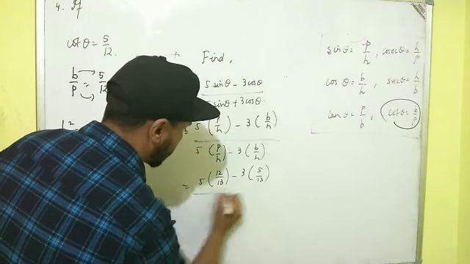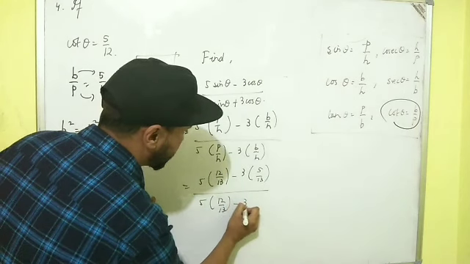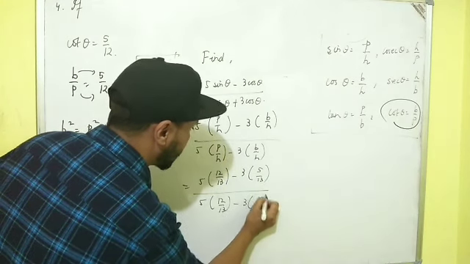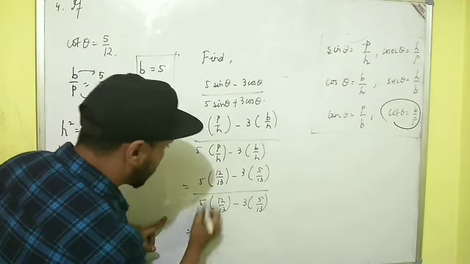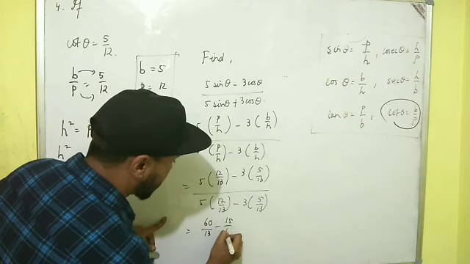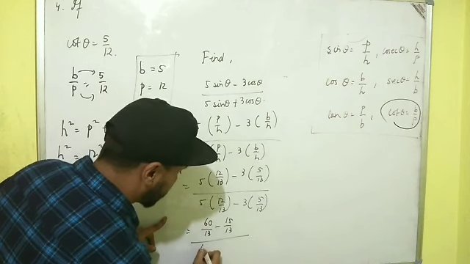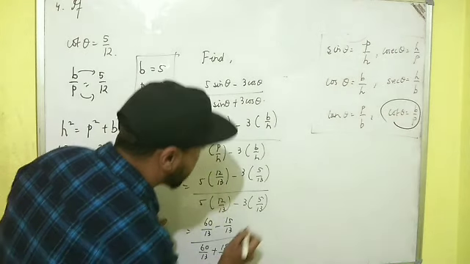So this is your 5 into 12 by 13, 3 into 5 by 13. Alright, so if we do the calculation, this will be your 60 divided by 13 minus 15 divided by 13, whole divided by 60 divided by 13 plus 15 divided by 13.